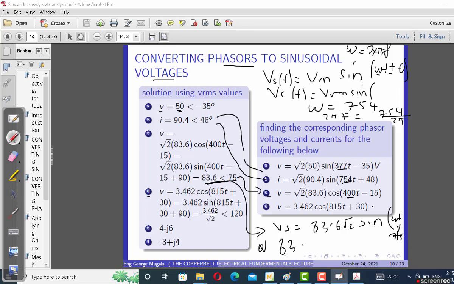So if it's a sine function the way it is and we have to take it back to the cosine, we can simply subtract 90, because we started with the sine function. So 75 minus 90 gives us minus 15 if we want it in cosine function.